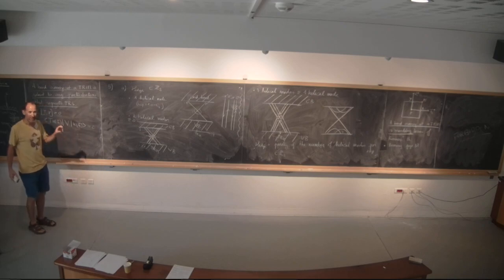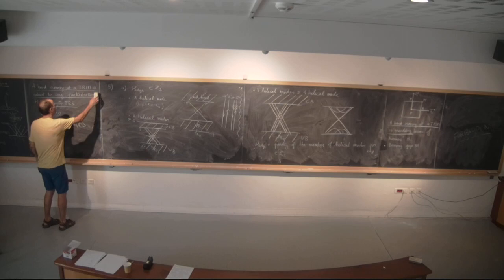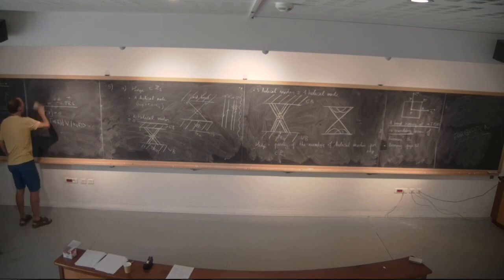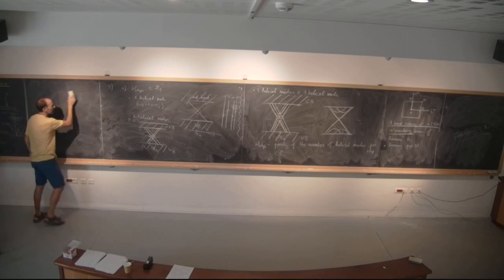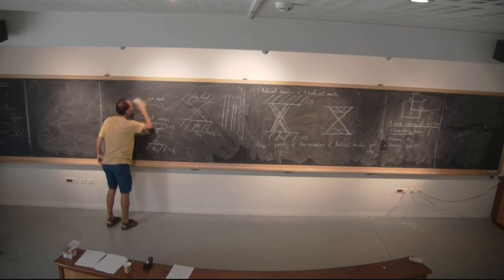Because you remember in the artificial model where spin up and spin down don't talk to each other, the reason why we have something interesting is because we have 2 copies of the Haldane model. So it's not the Chern number, but it's very strongly related. So let's see if we can make the argument.